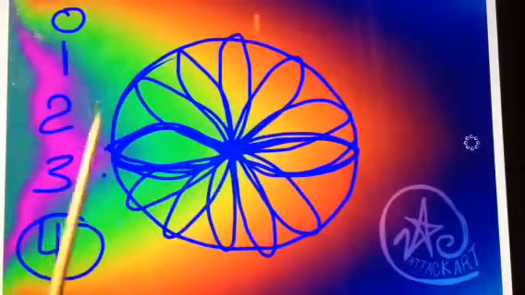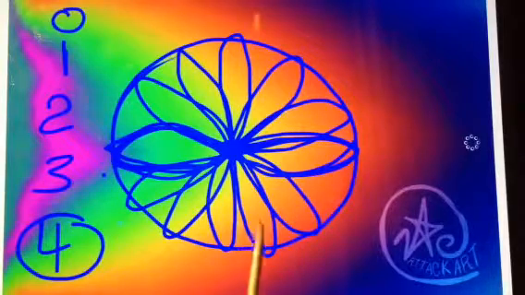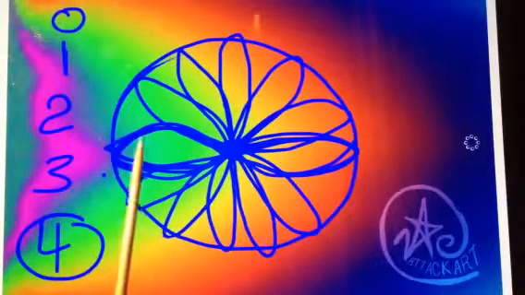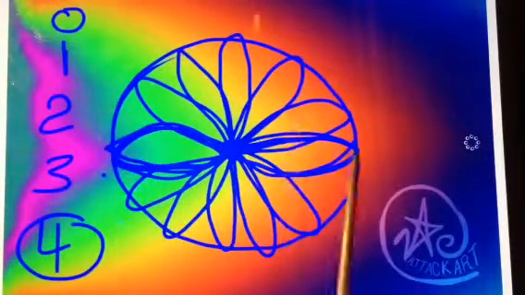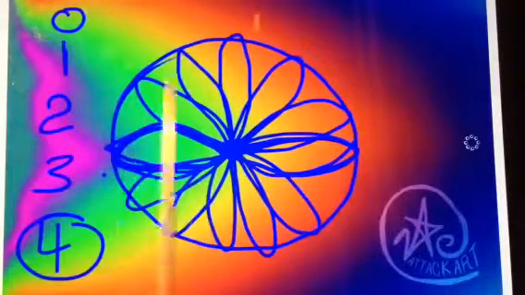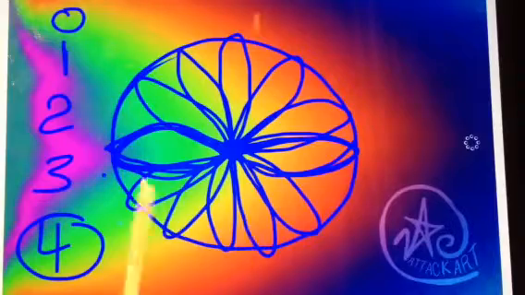When we have this as a flower-looking thing, we have 1, 2, 3, 4, 5, 6, 7, 8, 9, 10, 11, 12. 12 points, so 12 30-degree angles, 12 zodiac signs, 12 hours in the day, 12 months in the year.